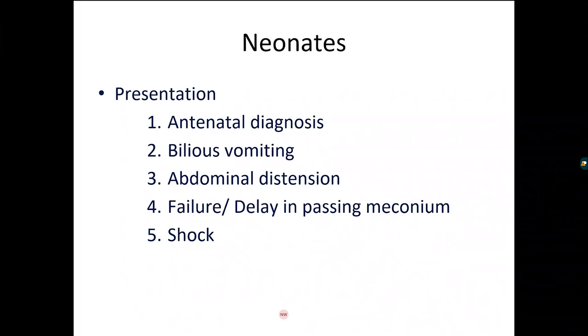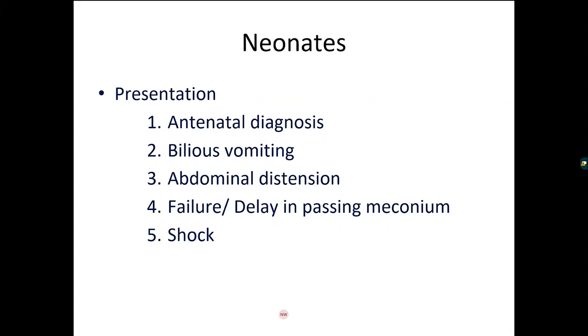When you talk about passage of meconium, we know that about 95% of all newborns pass meconium within the first 24 hours, and up to about 98% pass meconium within the first 48 hours of life. Any delay beyond that is considered abnormal.